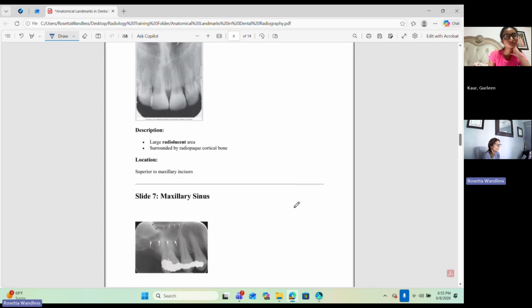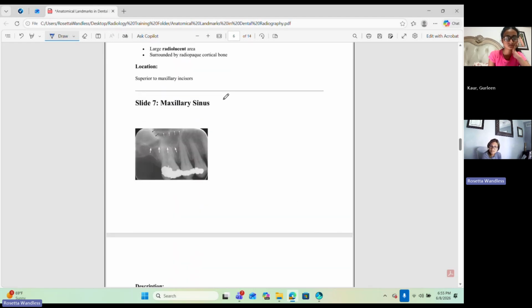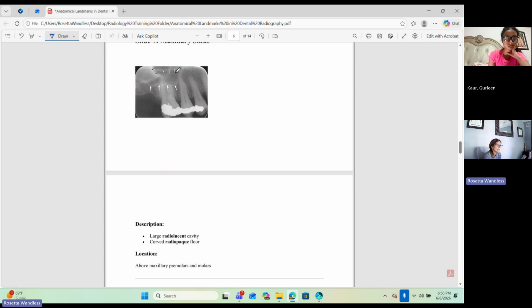Now, finally, the maxillary sinus. You'll see it straight across the maxillary jaw, from the molars to premolars, and then more anteriorly, and then again over the side.